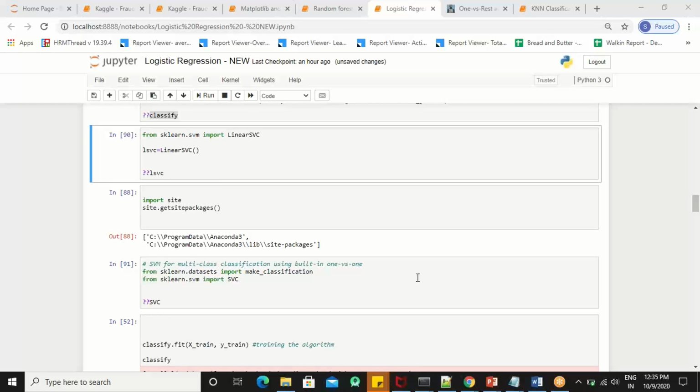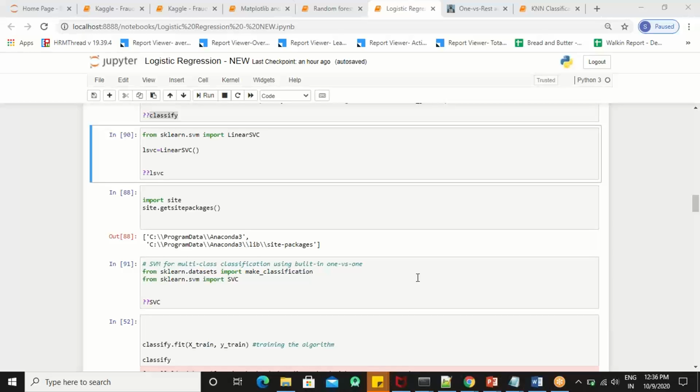Sir, so this OVO and OVR is a hyperparameter, so where will we mention that we have to test this one? Yes, that's what I'm telling you. Look, it is a hyperparameter and also not, because ideally a hyperparameter is one that impacts your mathematical formula, that directly hits the algorithm. And that's why in the very first class I told that there are two things, parameters and hyperparameters. Some things are only parameters, not hyperparameters. So passing OVO and OVR, you can say hyperparameter, but actually it's not a hyperparameter, it's a parameter.